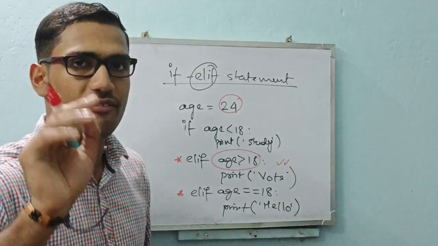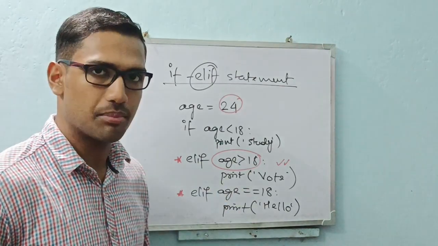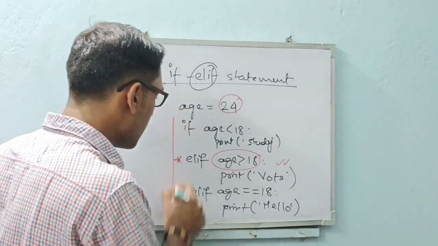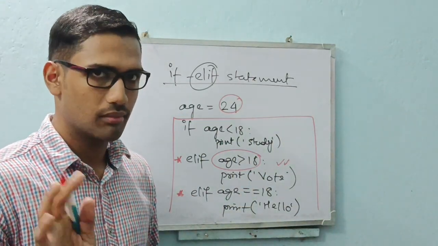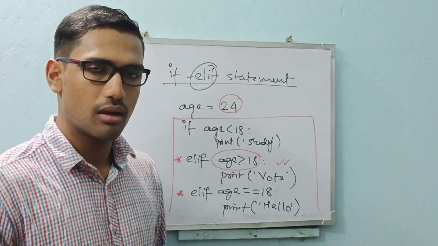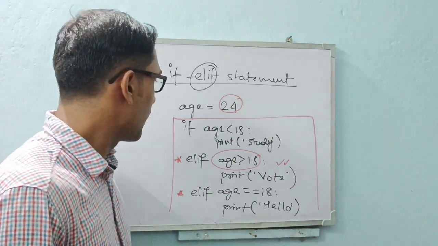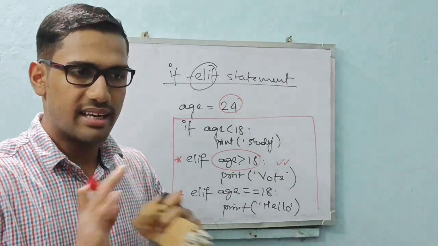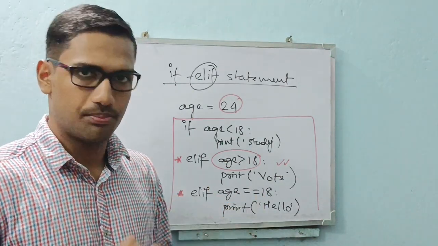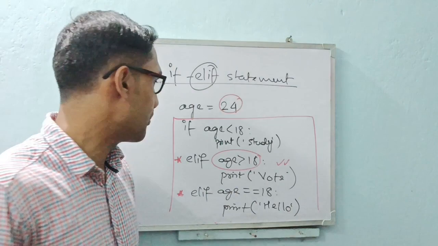Now, note down a very important point about this if-elif statement. This whole is one block. And if any one of the conditions gets true, the rest are ignored. Let me repeat this point.